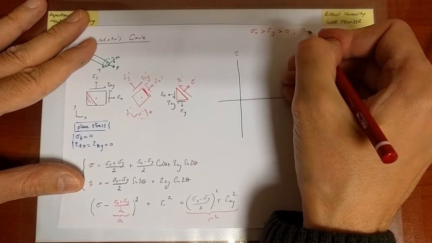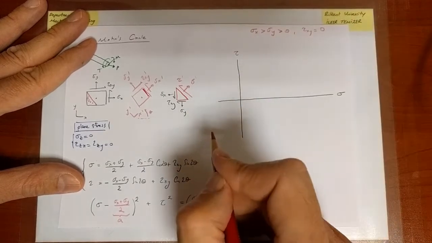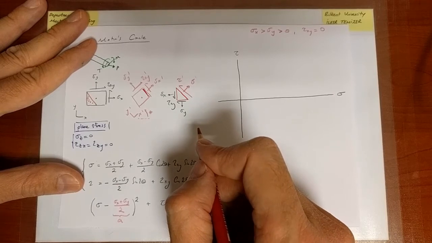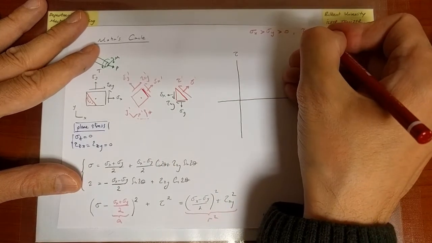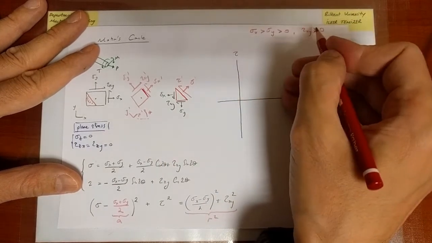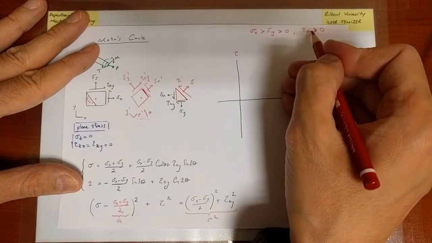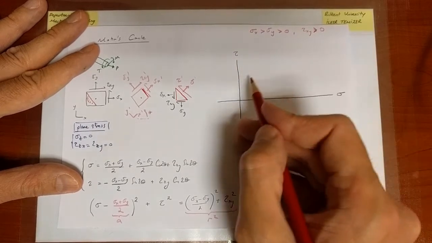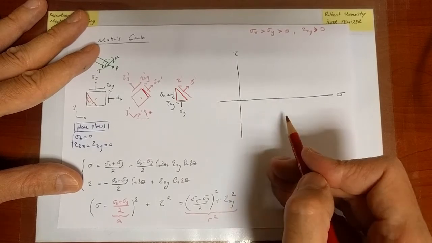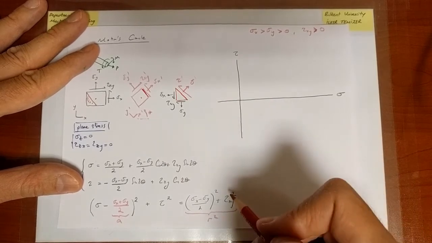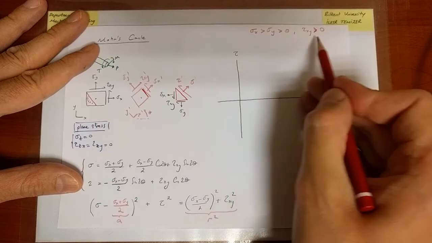And I'm going to also assume that tau xy is greater than 0. Okay, and this is not a necessity, it's just that I need to make some conventions when I draw the circle, and that circle initially, because I don't have numerical values, is going to be based on these assumptions.